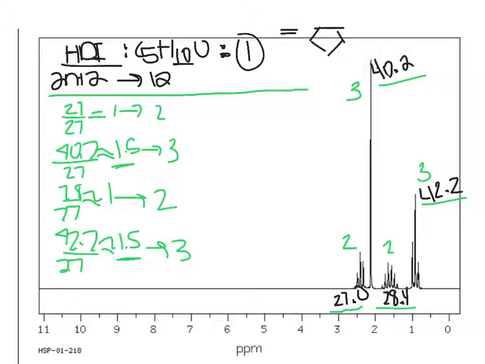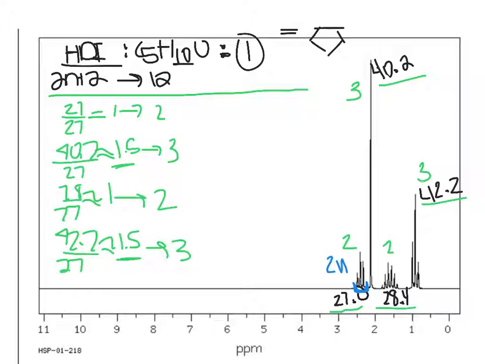So the next thing we're going to do is look at our peaks and consider the n+1 rule in order to determine how many protons are neighboring the proton shown by the peak. So I can see for this one right here, we have 3 peaks, so that means that we have 2 neighboring protons here.